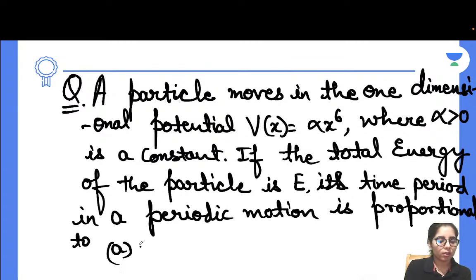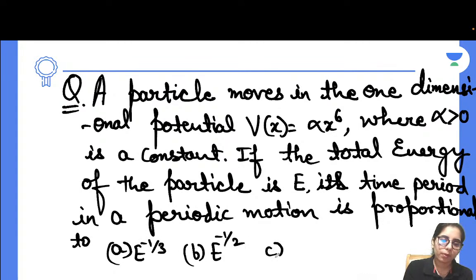Options are E to the power negative 1 over 3, E to the power negative 1 over 2, next is E to the power 1 by 3, next is E to the power 1 by 2.